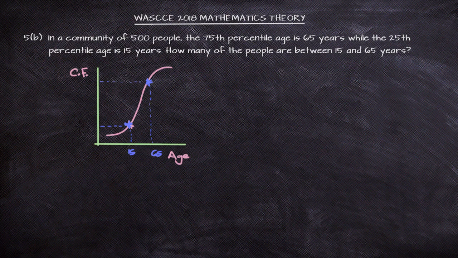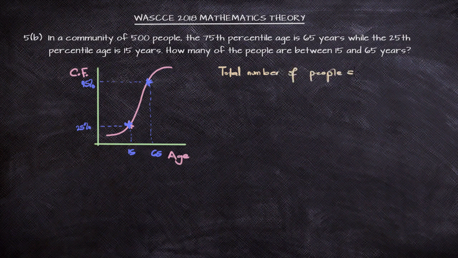Good. Now, since we have been opportune to know the total number of people in the community, we can easily find the 75th percentile and the 25th percentile, and then to get the number of people between ages 15 and 65, we can subtract that so that our solution can easily come out.